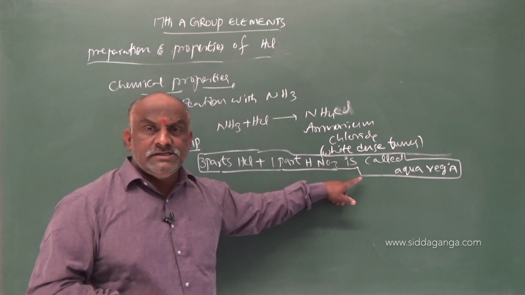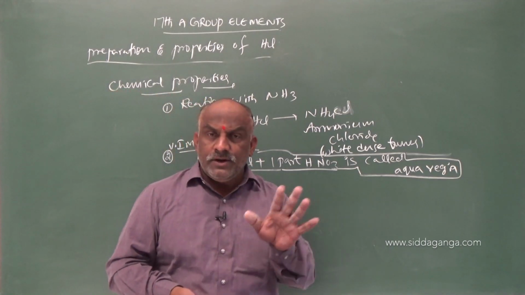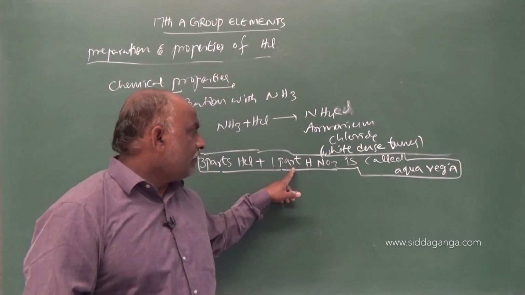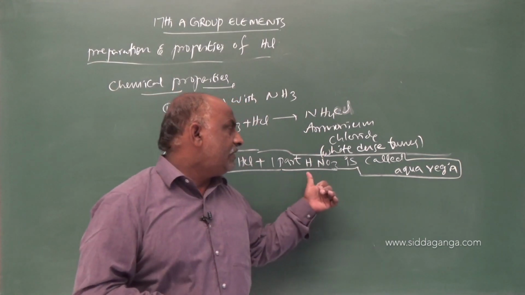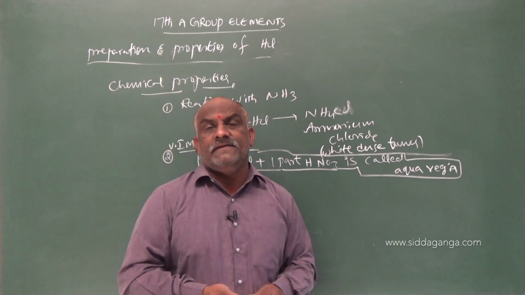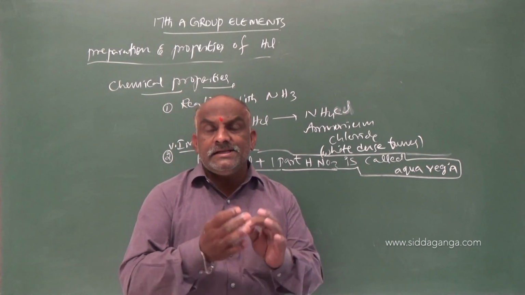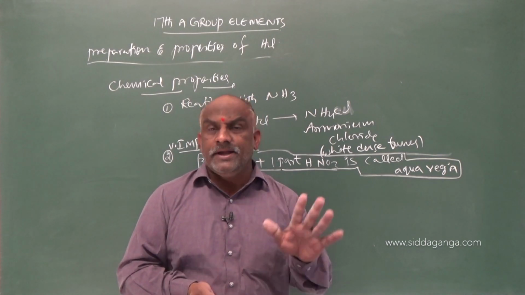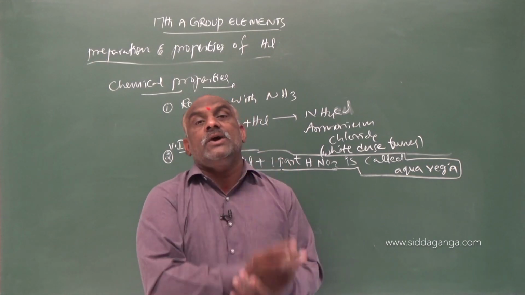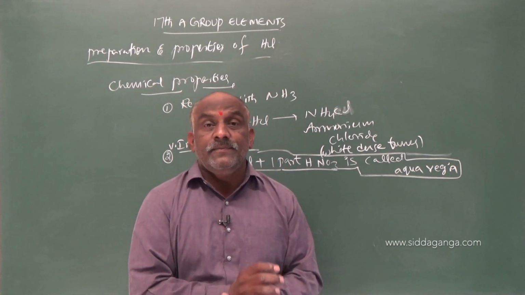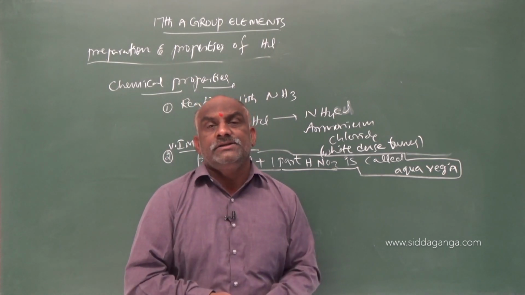Aqua regia is the combination of 3 parts of hydrochloric acid and 1 part of nitric acid. What will be the use of this aqua regia? Some metals, said to be noble metals, are dissolved in aqua regia. What will be the chemical reactions?